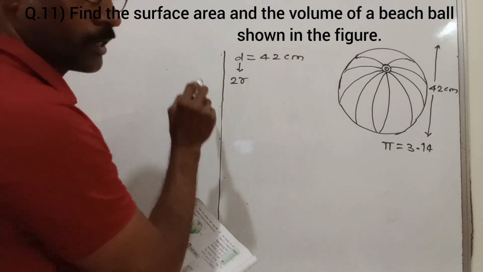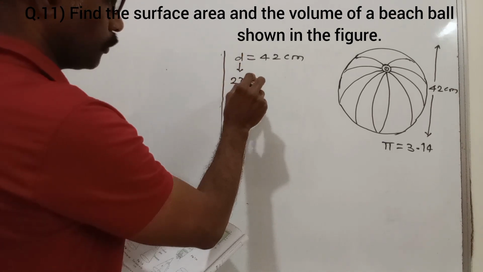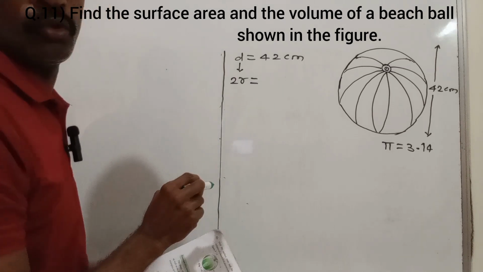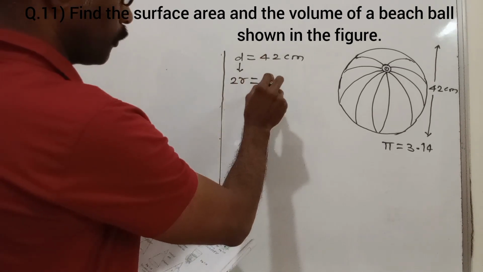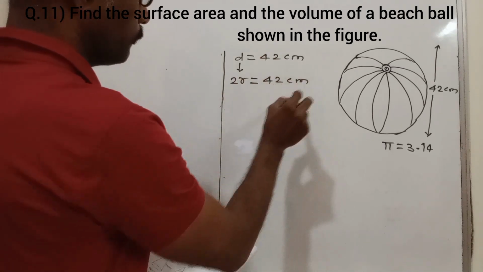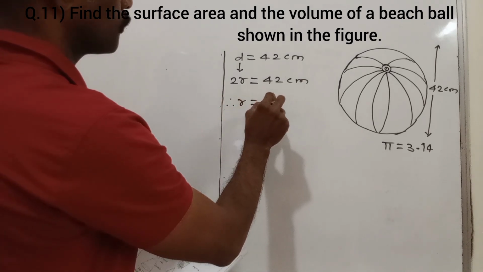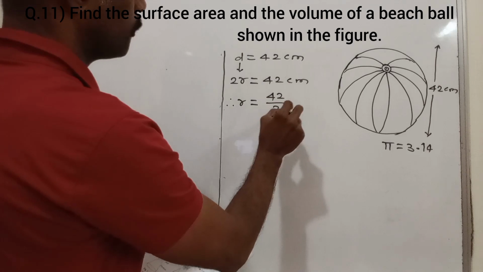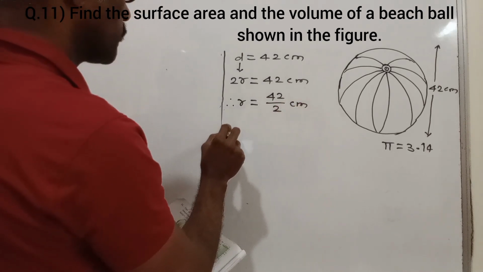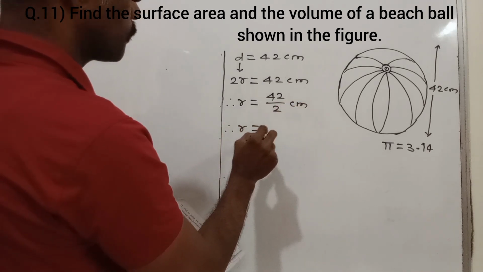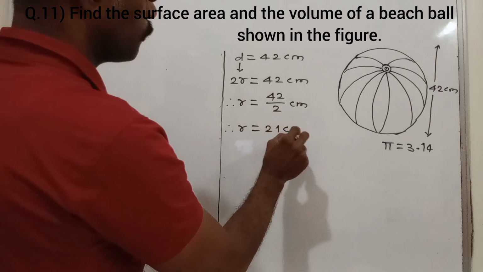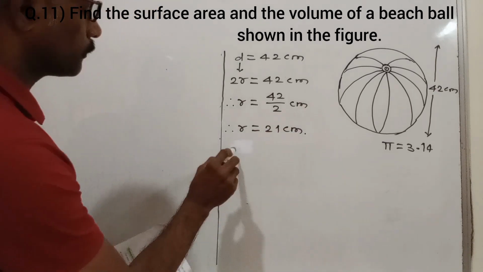To find radius, D is equal to 2R is equal to 42 centimeter. Therefore, R is equal to 42 upon 2 centimeter. Therefore, R is equal to 21 centimeter.